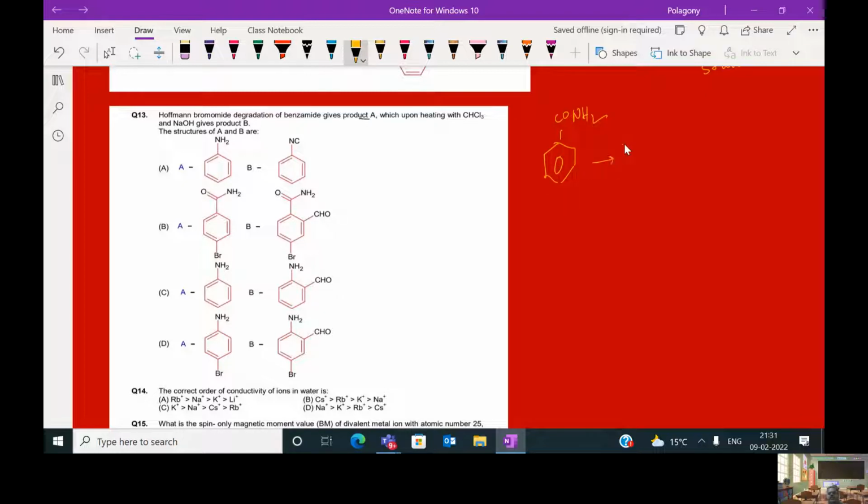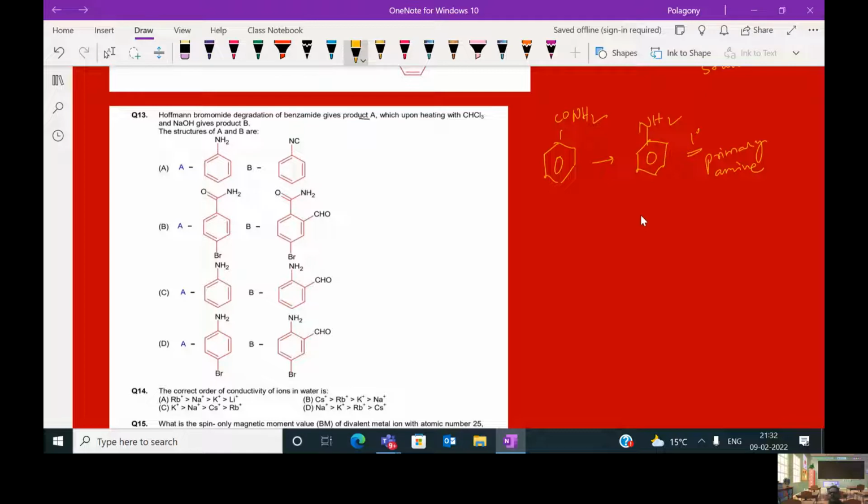When benzamide undergoes the Hofmann bromamide reaction, we get a primary amine, that means a 1 degree amine, primary amine aniline.